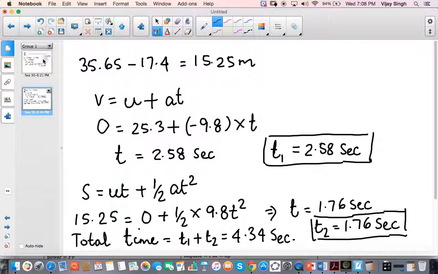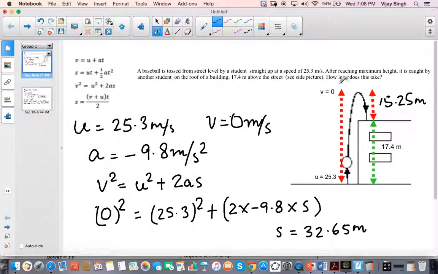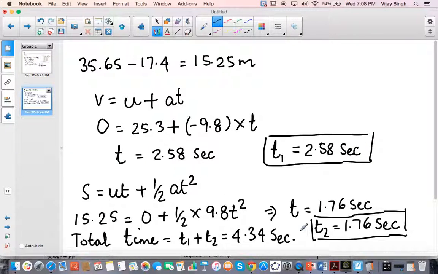And that's the answer, because the question was, how long does it take? So the time it takes is 4.34 seconds.